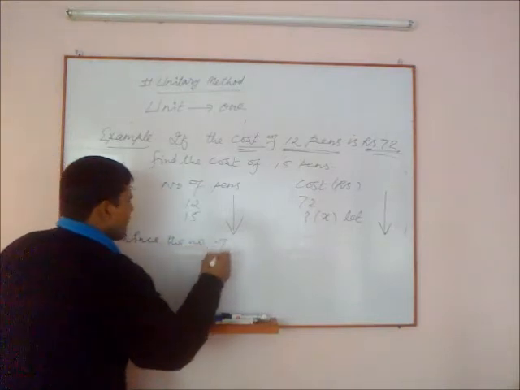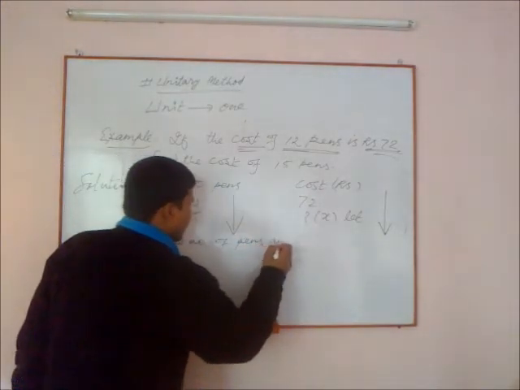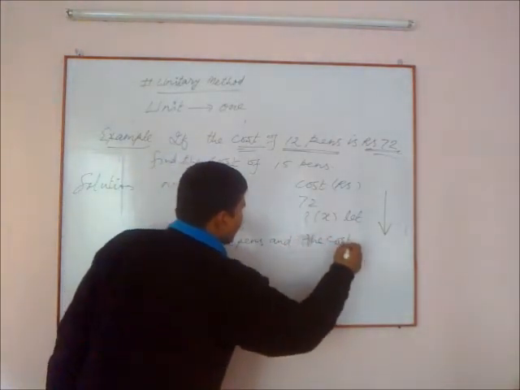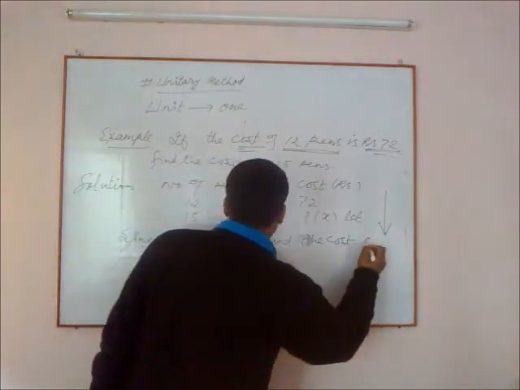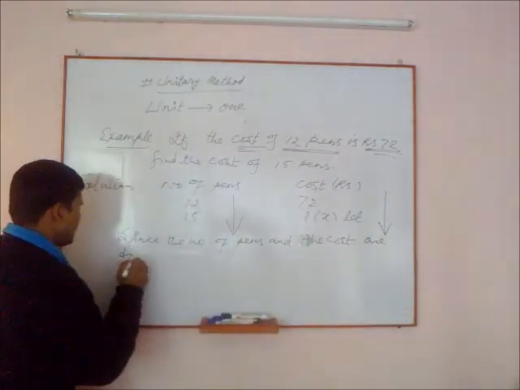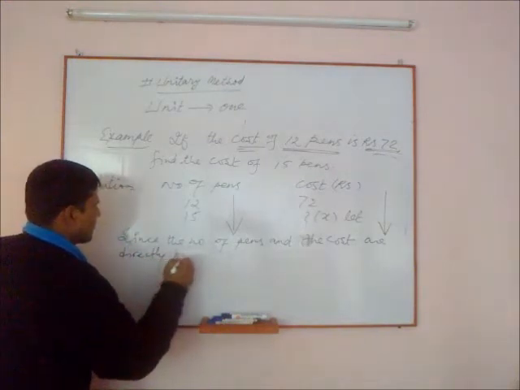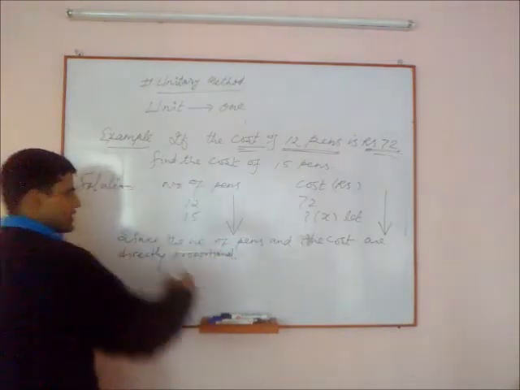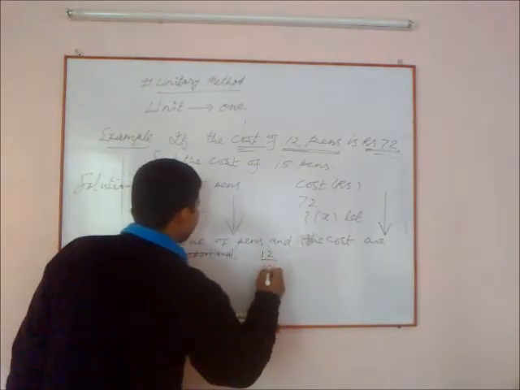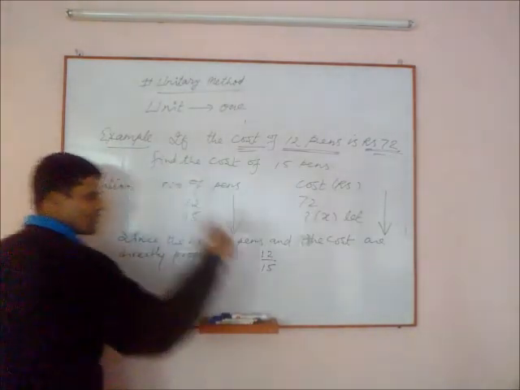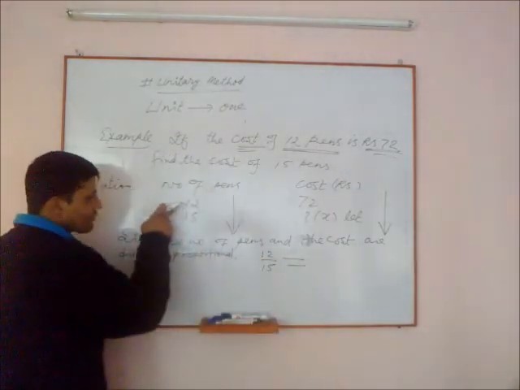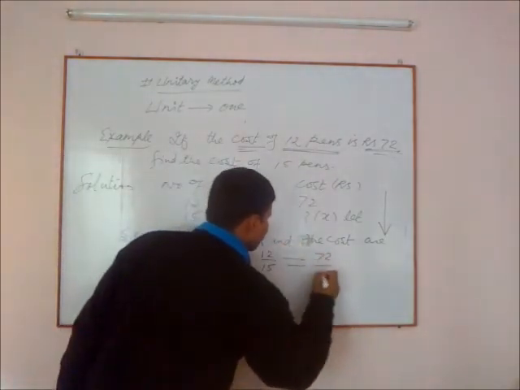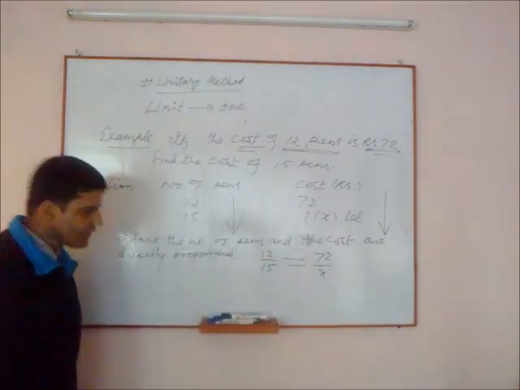Since the number of pens and the cost are directly proportional or directly related, their ratios are equal. 12 divided by 15 must be equal to, as 12 is written first here, its respective value 72 comes first, divided by x, that we need to find out.